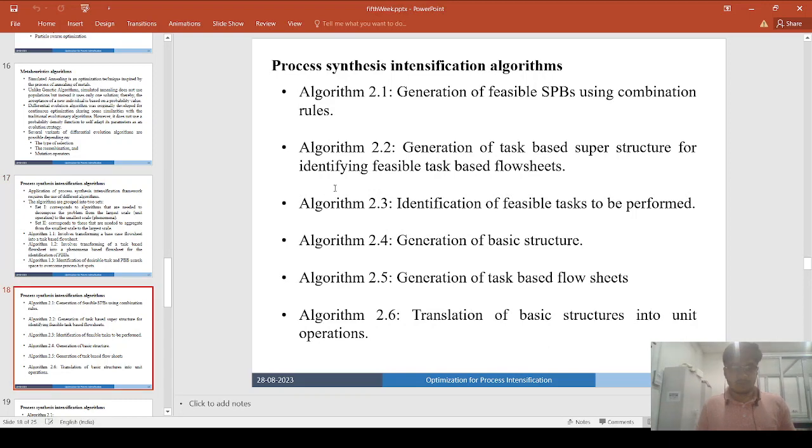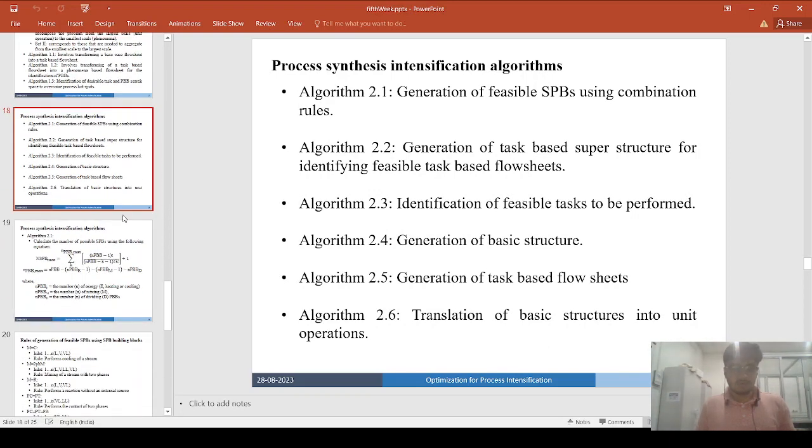Now what happens in the algorithm 2? The set 2 of the algorithm consists of 6 sub algorithms, and we will go through each one of them individually. Sub algorithm 2.1 involves the generation of feasible simultaneous phenomena based blocks using combination rules.